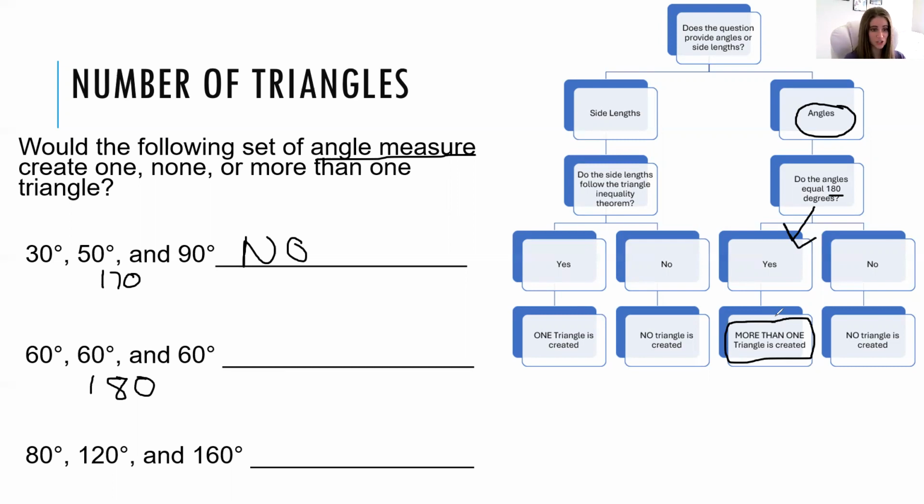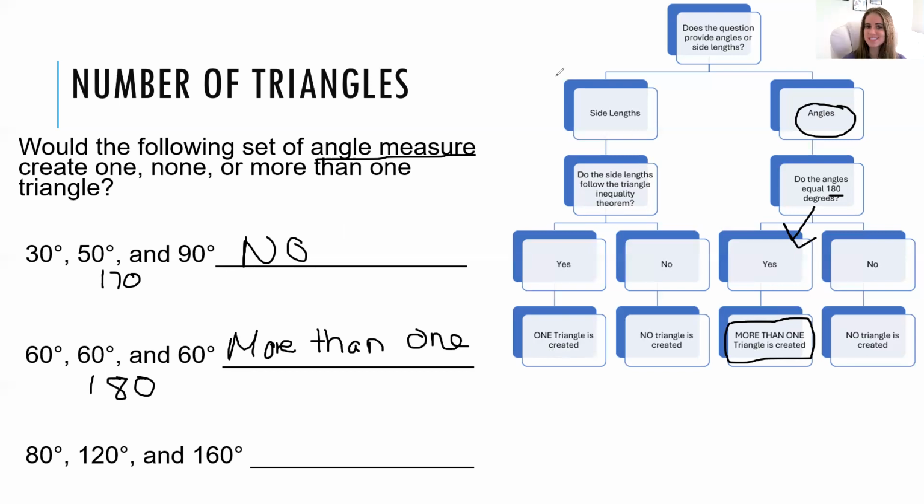Therefore, these angle measurements could fit within a teeny tiny triangle, a medium triangle, or a really big triangle. So it technically could create a vast majority of triangles because it equals 180. So this would be more than one because it equals 180.